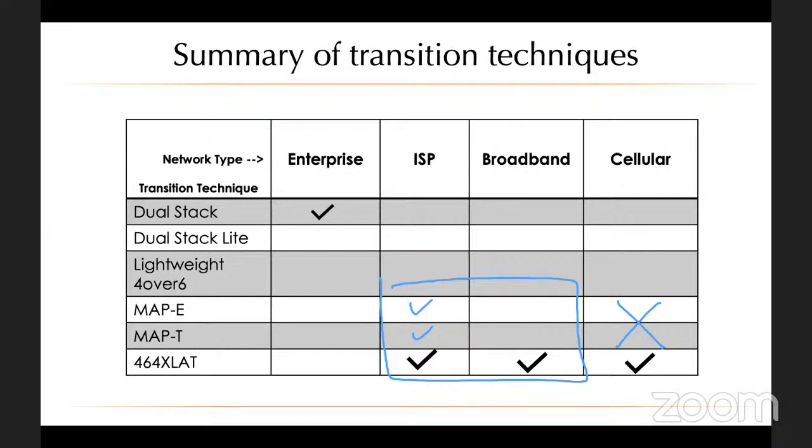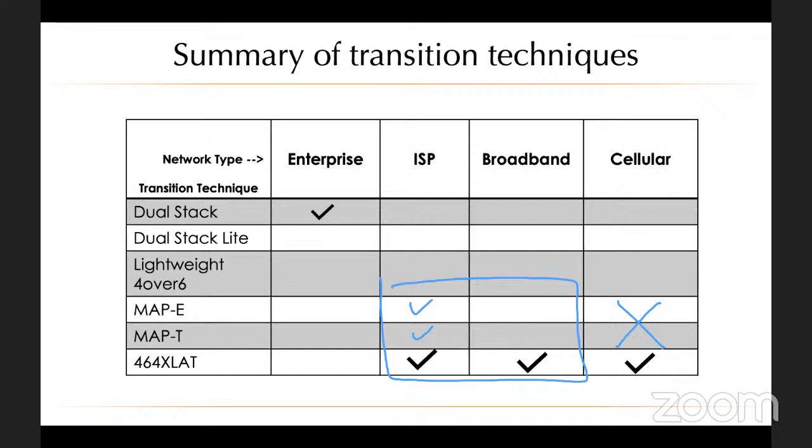So far, if you work with the open source CPEs, OpenWRT, I've done, at least, not DualStack Lite. DualStack Lite is quite challenging to implement, but I've seen OpenWRT support DualStack Lite, Lightweight 4/6, MapE, MapT, everything basically.